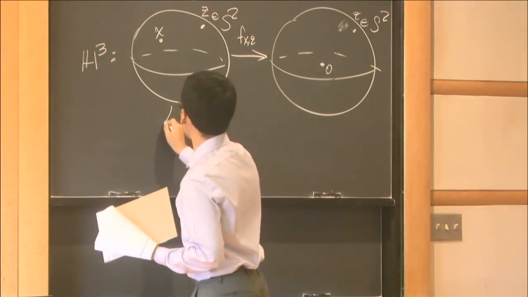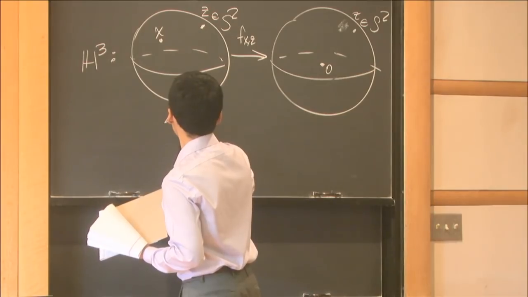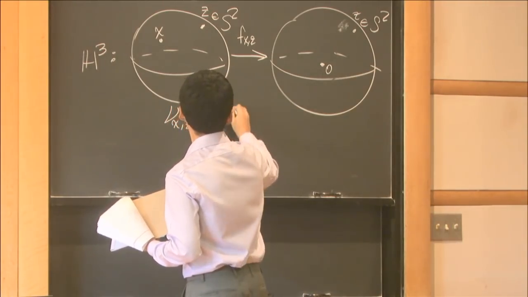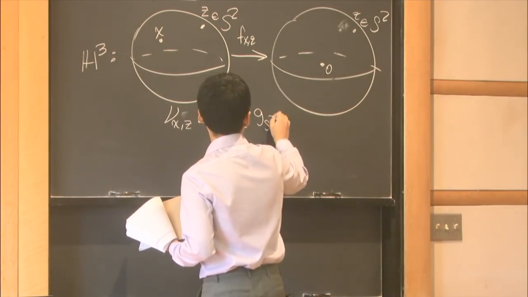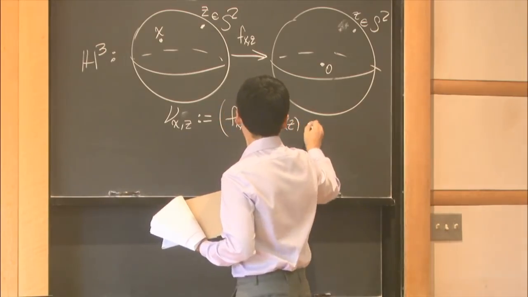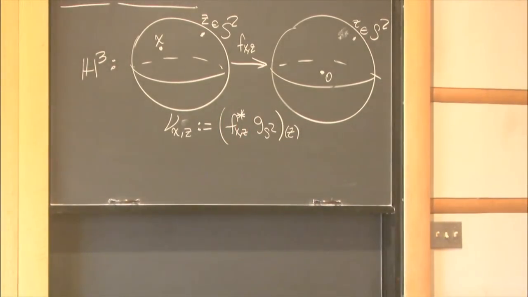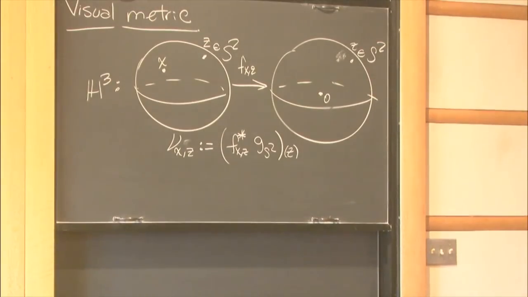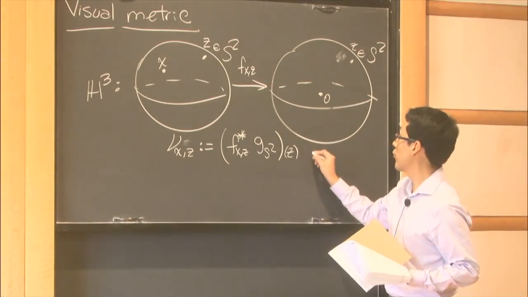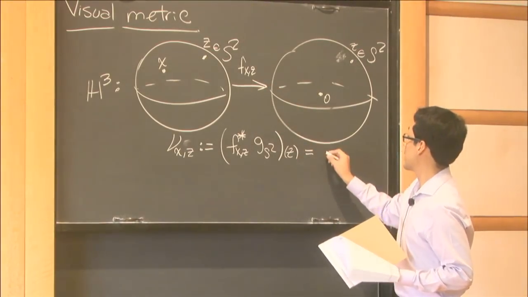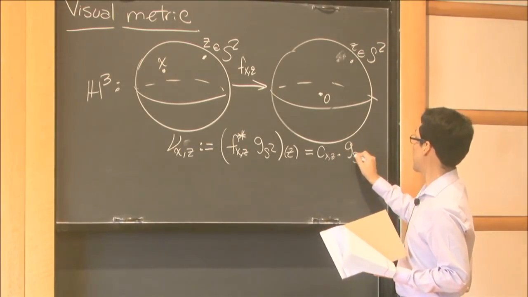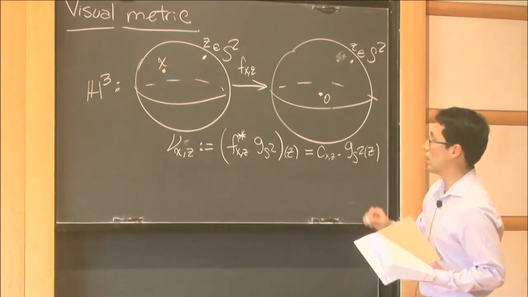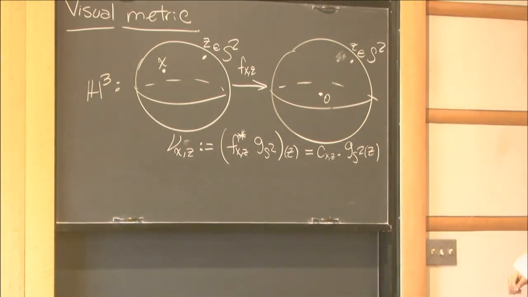And now when doing that, you could define the visual metric at c as just the pullback by this map of the round metric at c. Because this map is in general conformal, we know that this is just going to be a constant, which depends on x and c, times the already round metric that we have at c.